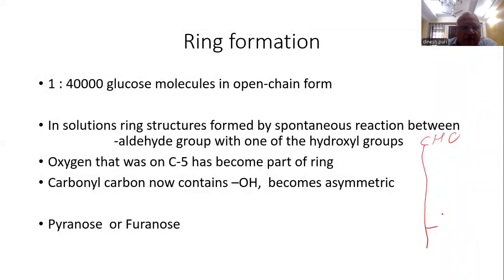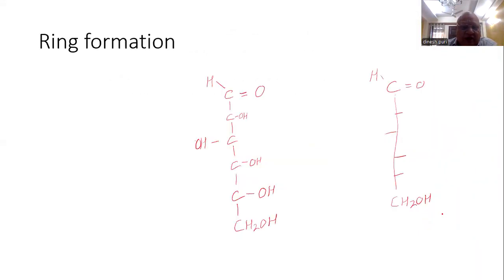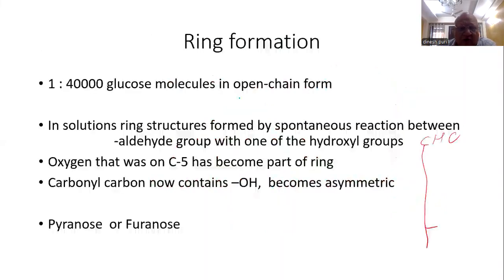If ring formation happens, how will it happen? Let us see. Here I will take a bit longer to explain this. This is C1 and this is C5. A spontaneous reaction can occur between C1 and C5 like this, and a six-membered ring can be formed.